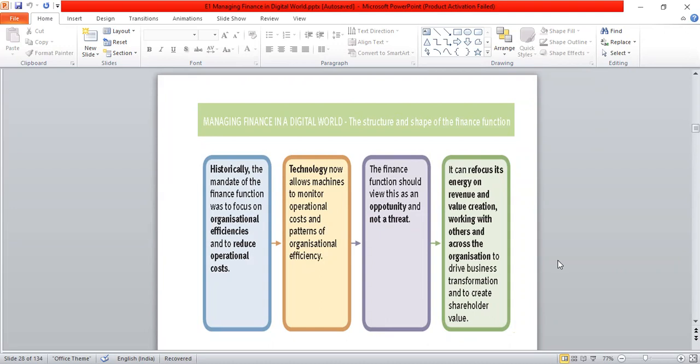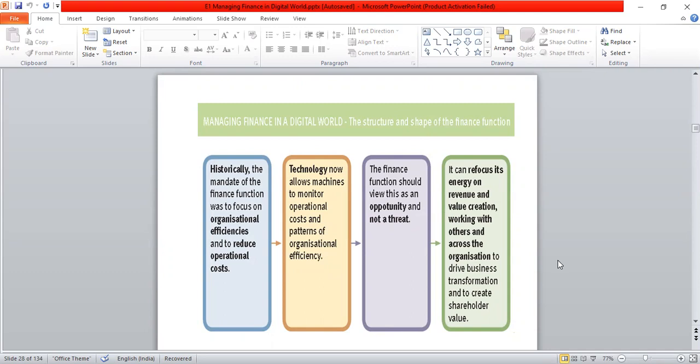So historically, the organizations focused on organizational efficiencies and reducing operational costs. Now, technology is taking over the jobs in the organizations.